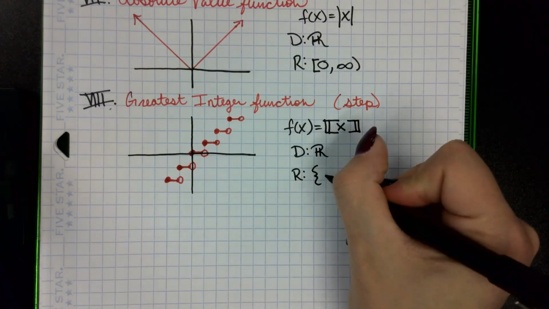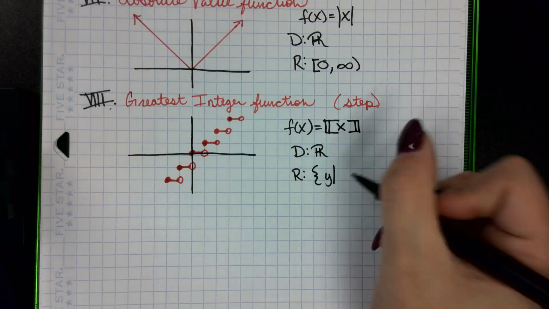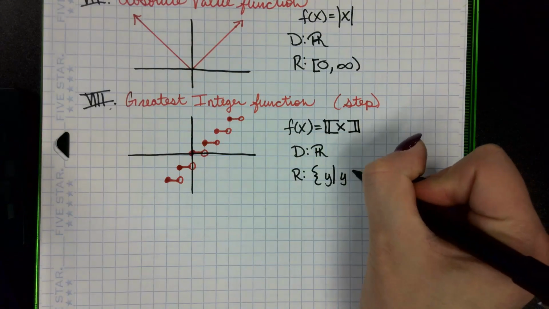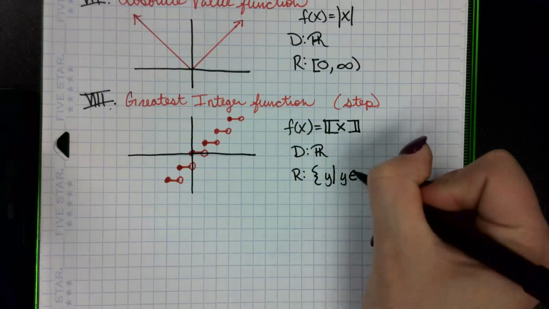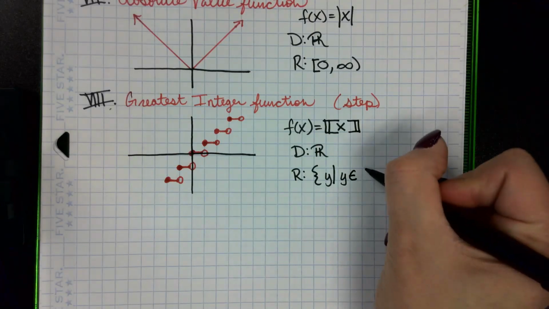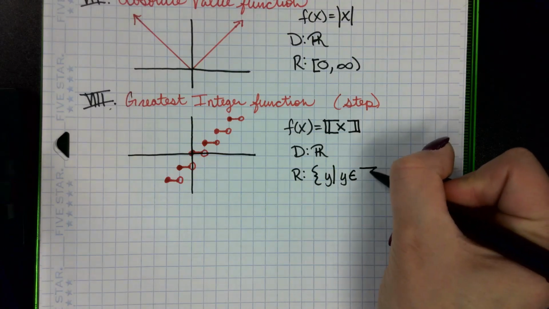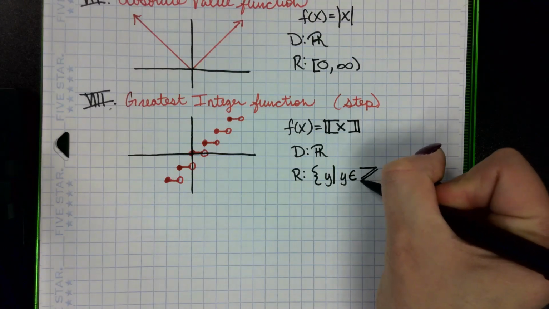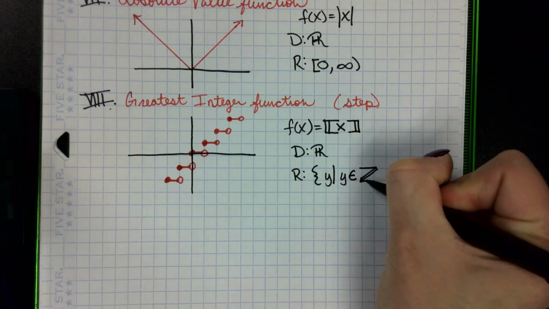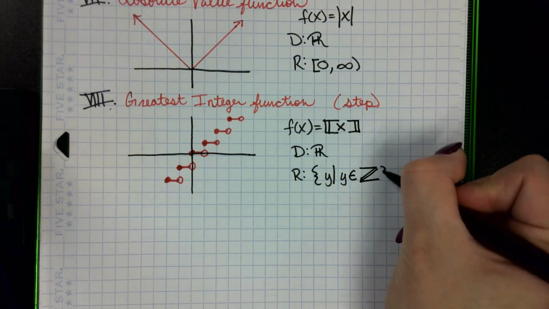And the range is a y value such that y is an element of, this is curvy capital E, the set of all integers. So it's Z with a double line like the all real numbers are, but it's a Z. And then close the set notation.